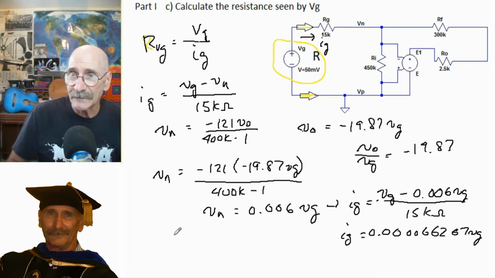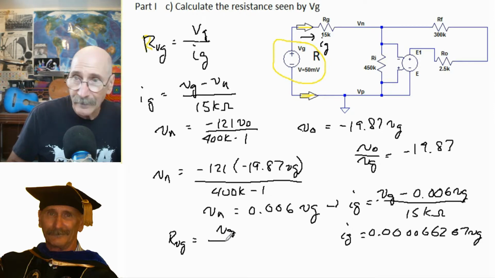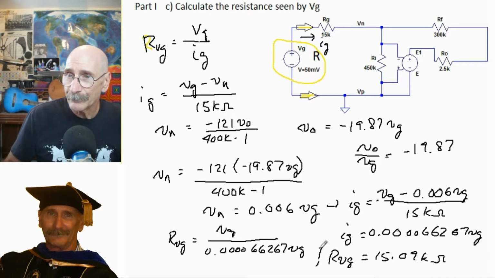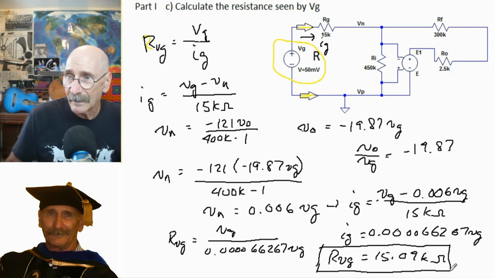So that gives us that R VG is equal to VG divided by this long number IG, which is 0.000662667 VG, and we get an RVG equal to about 15.09K ohms. Okay, so that takes care of this part right here.